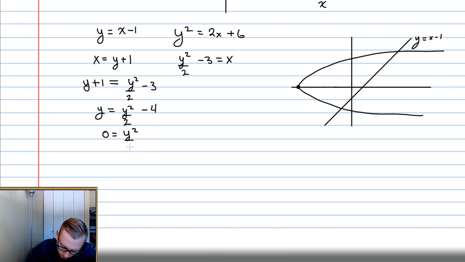We've got y squared over 2 minus y minus 4. We'll multiply by 2 across everything to get the y squared simplified. So we'd have 0 equals y squared minus 2y minus 8.